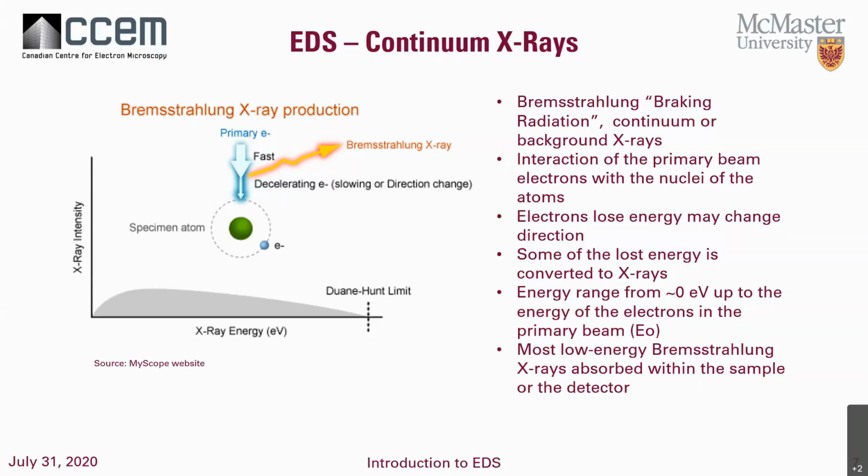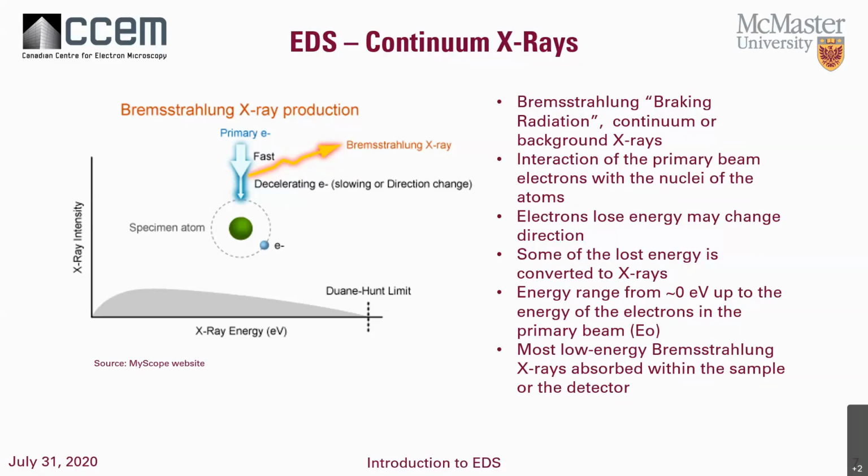Because this is an inelastic collision, some energy is lost, and some of that energy is converted to X-rays. It is possible for all the energy to be lost. So the energy range of these X-rays can vary anywhere from almost 0 eV up to the energy of the primary beam.